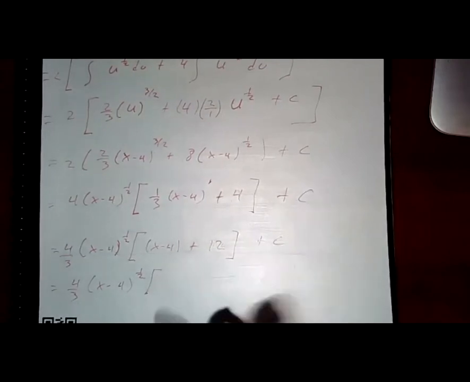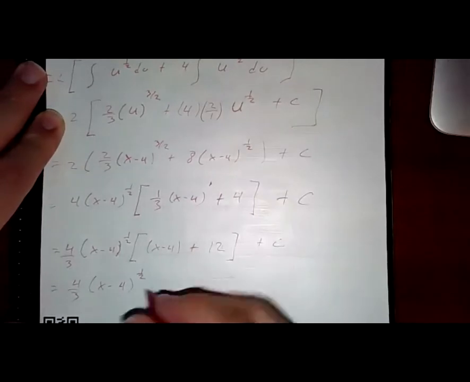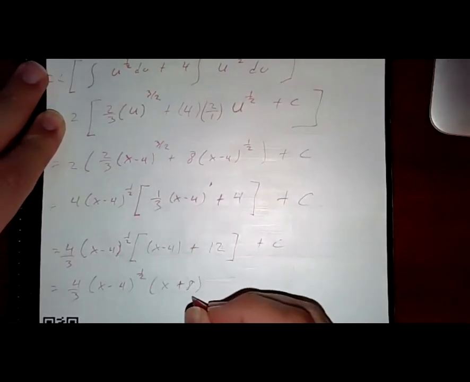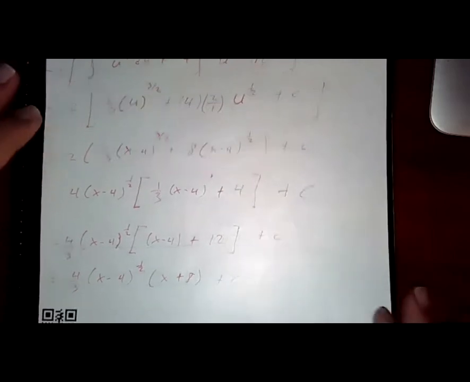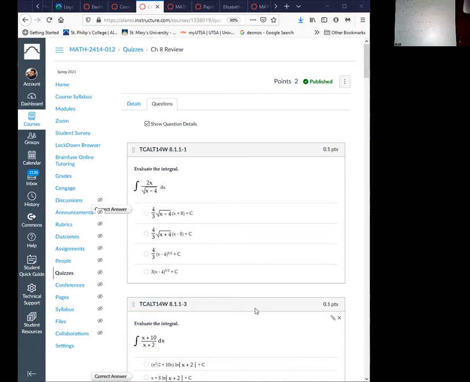It's just they did a little extra algebra to get the answer choice. And that's what they got here. They left it as square root. I put a half. Are there any questions with problem 1?